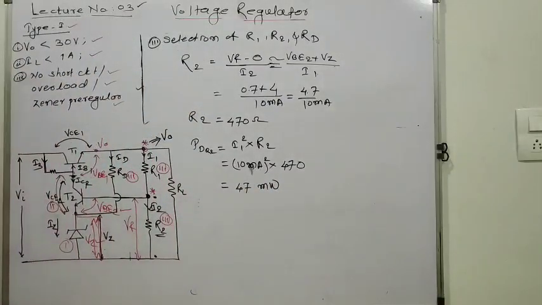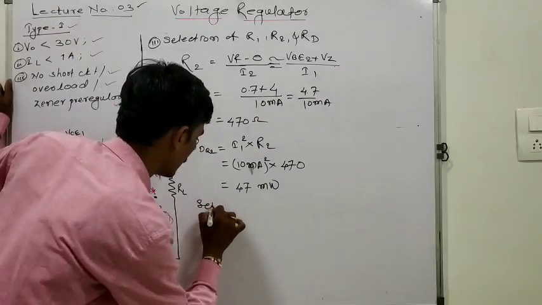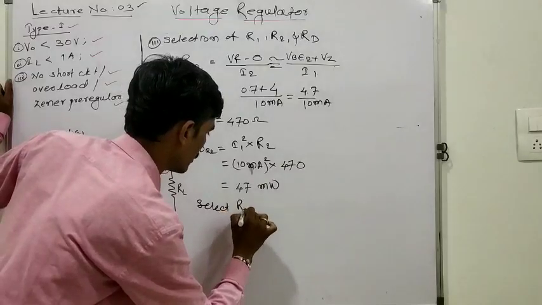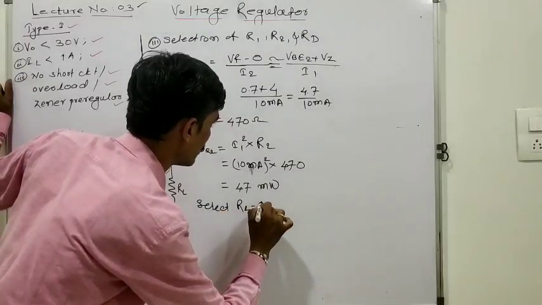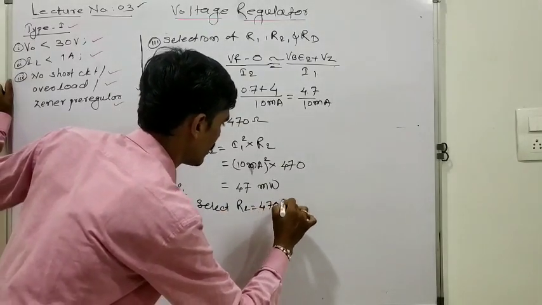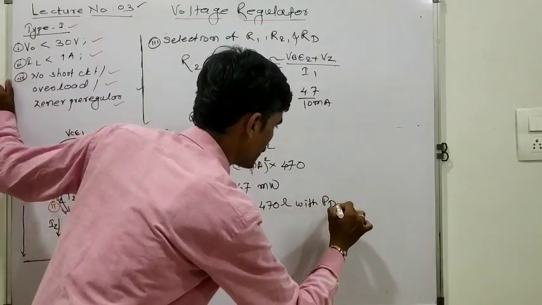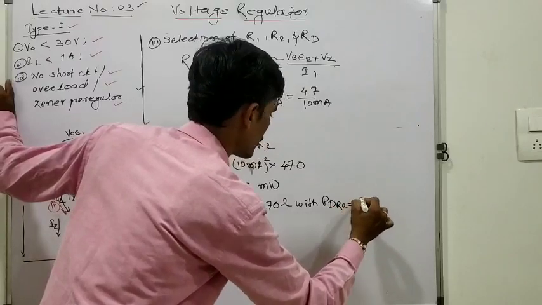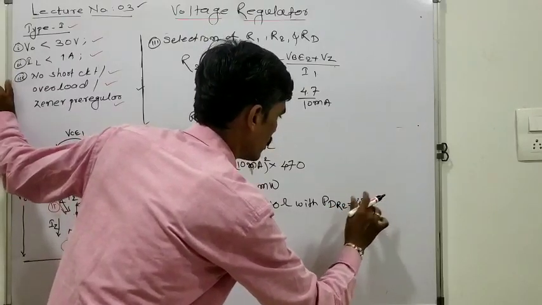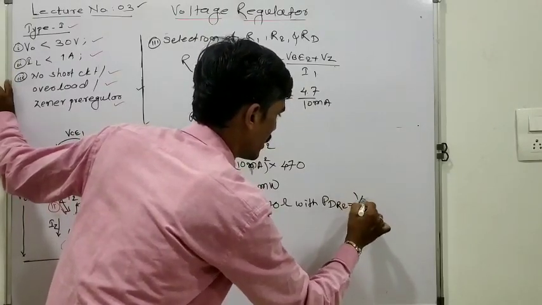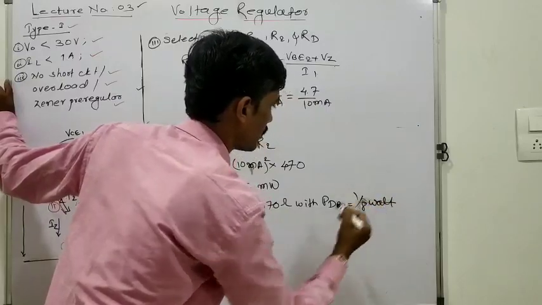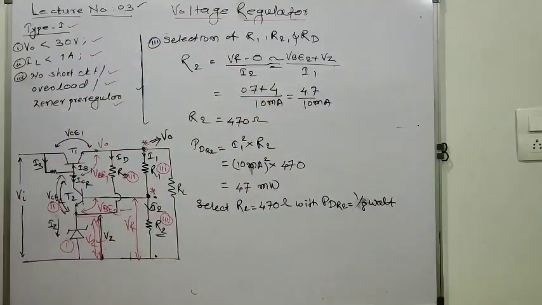That is the value of power dissipation across the resistance R2. So select R2 as 470 ohm with power rating of 1 by 8 watt. So this is the selection of resistance R2.